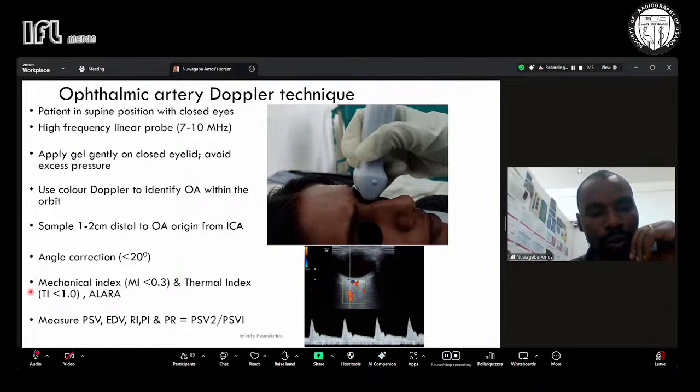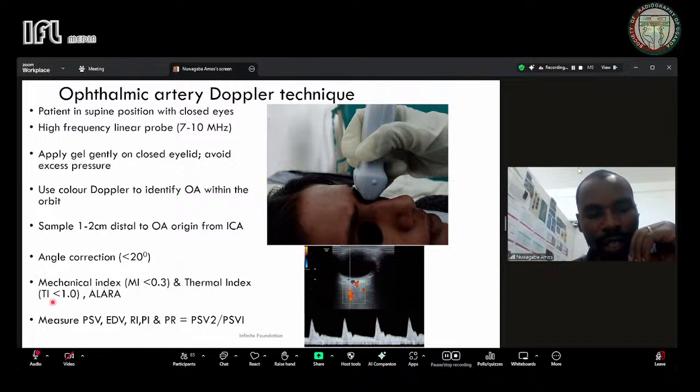Another thing to always be aware of is the mechanical index and thermal index. You usually see on the machine what is abbreviated as MI and TI, that is mechanical index and thermal index.